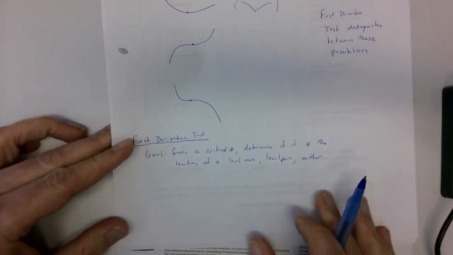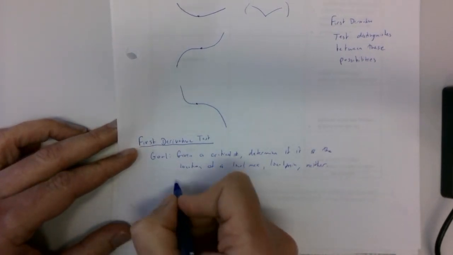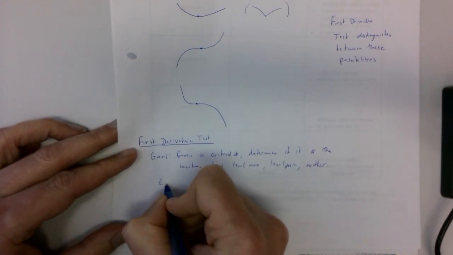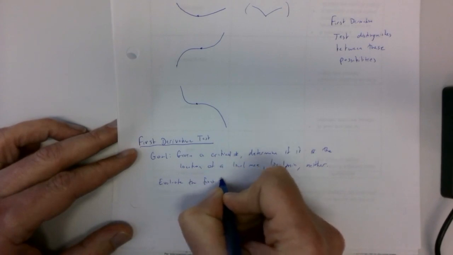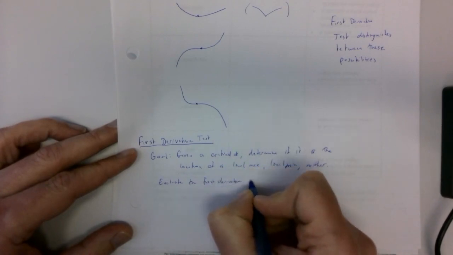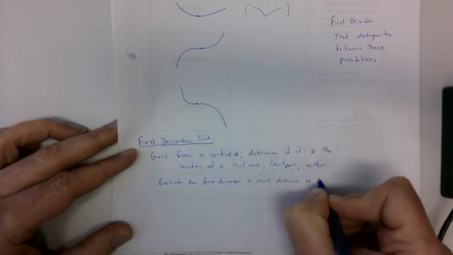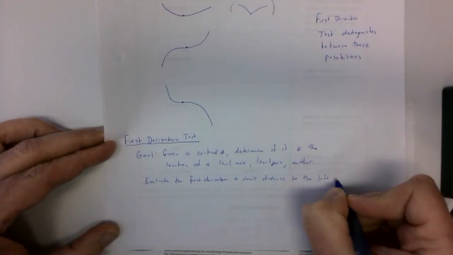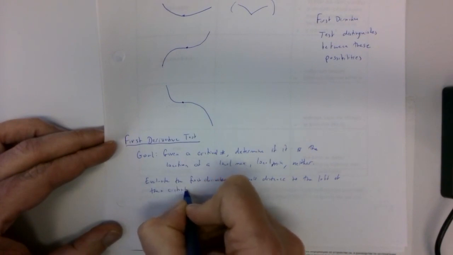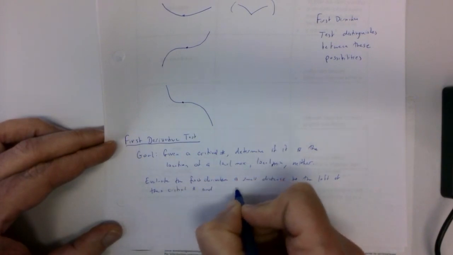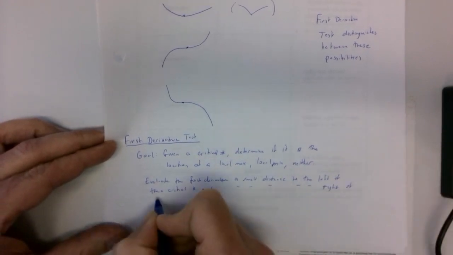Okay, so how does the first derivative test work? So what we're going to do is we're going to evaluate the first derivative a small distance to the left of the critical number and a small distance to the right of the critical number.